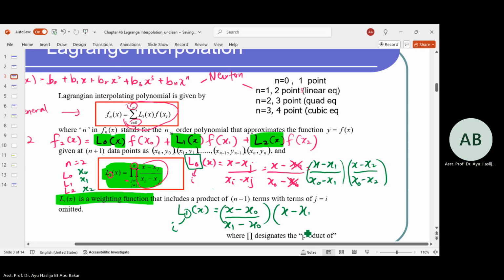It cannot be x1. J cannot be the same as i. Your i is 1, so here cannot be x1. Skip to x2: x minus x2 over x1 minus x2. If you use x1, down here will be 0, then you will not get the value.